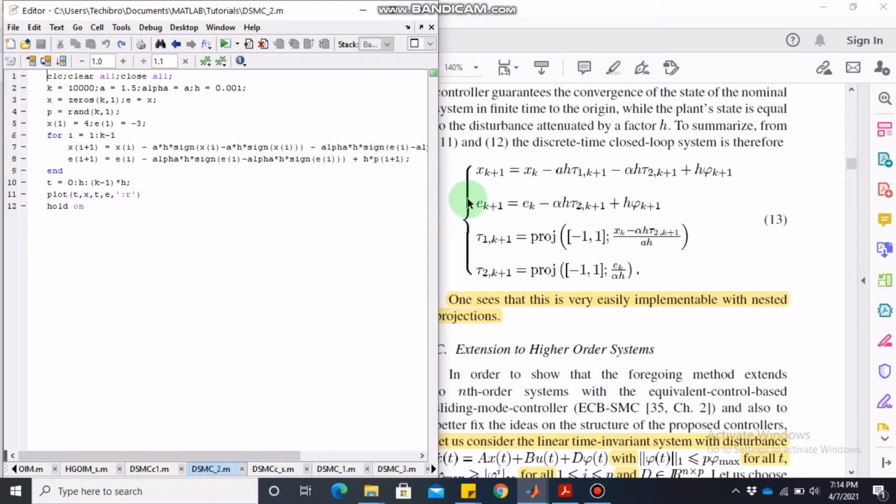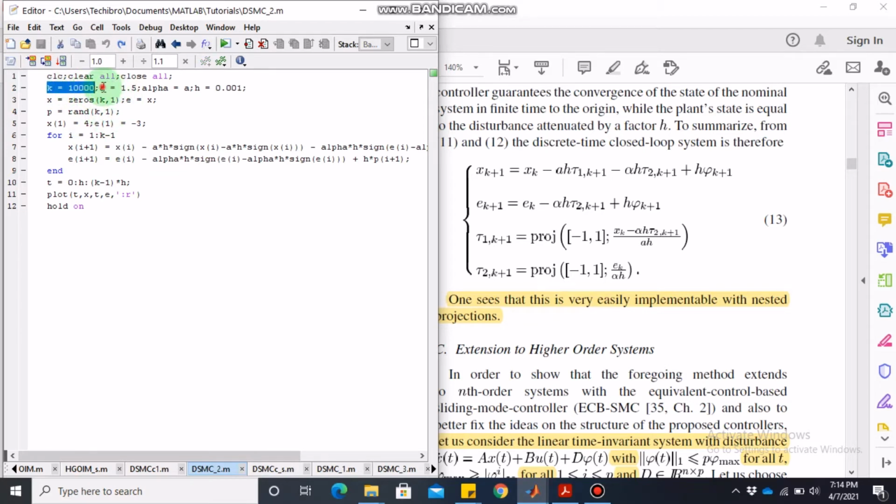we have x of k plus 1 equals xk minus a times h of tau 1 of k plus 1 minus alpha times h times tau 2 of k plus 1 plus h. So all of this is written here inside the for loop, but before the for loop I have chosen the number of steps to be 10,000.